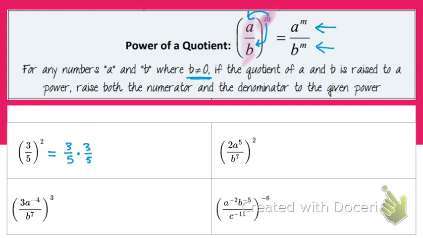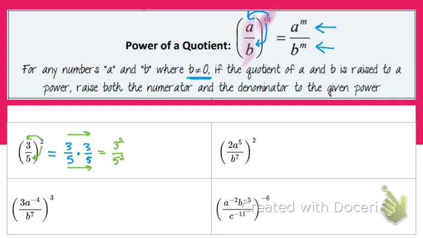And remember from back in elementary school that when you multiply fractions, you multiply straight across the top and straight across the bottom to get your new numerator and denominator. So you would do the 3 times 3, which is 3 squared, and the 5 times 5, which is 5 squared. And that's essentially what this property is saying, that you would apply the exponent of 2 to both the numerator and the denominator.